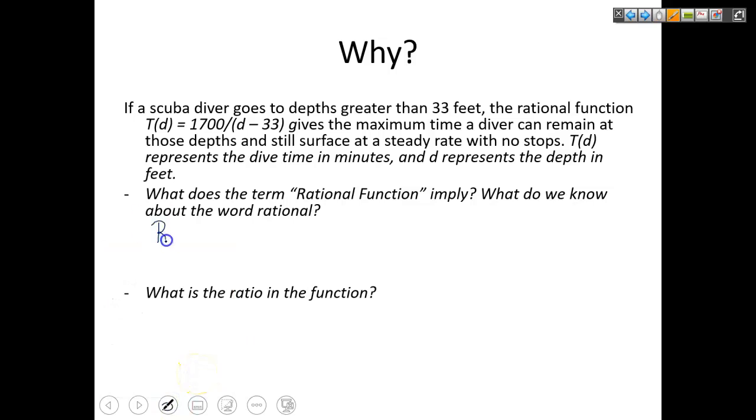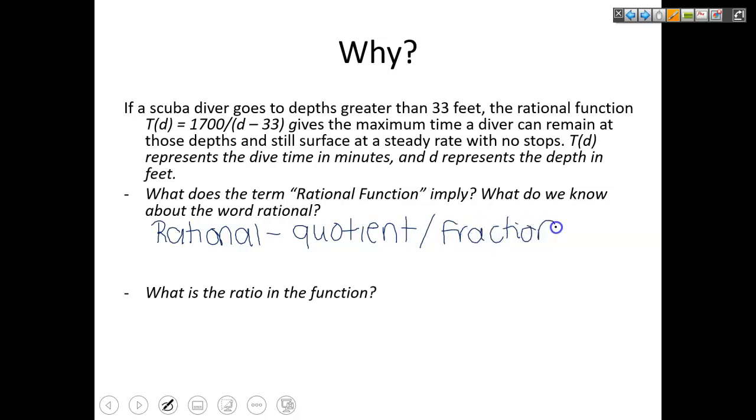So in mathematics, the word rational is another way of saying a quotient, and if we think about the word quotient, quotient goes hand in hand with the word fraction.